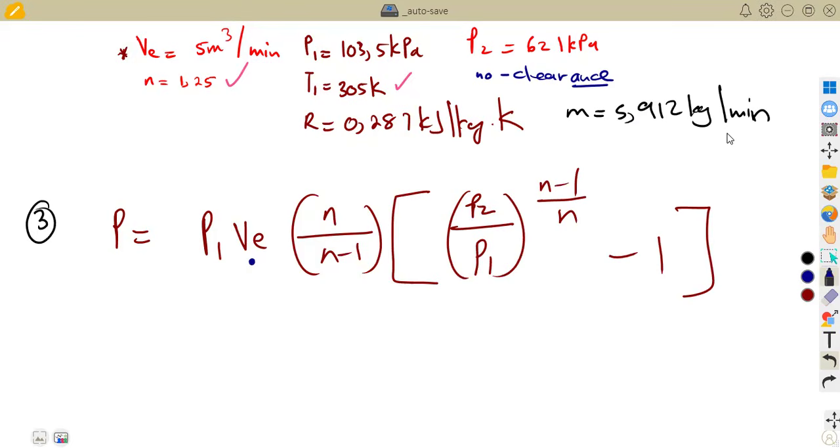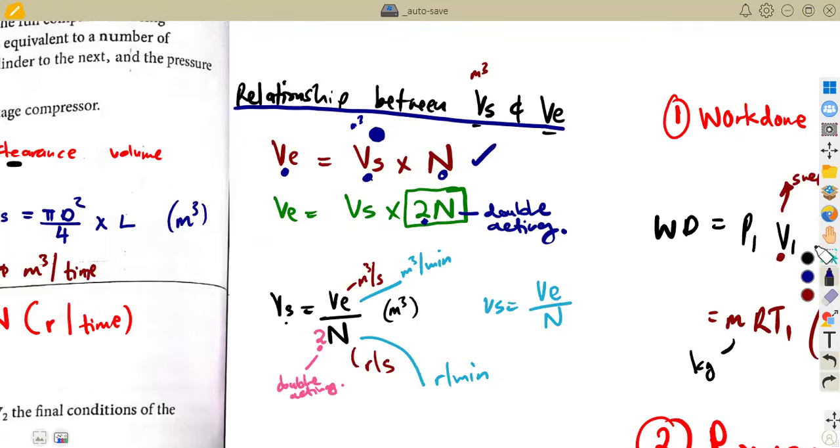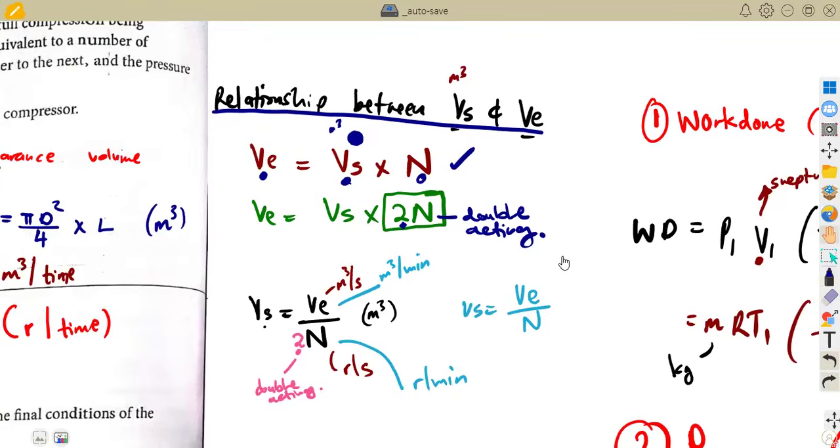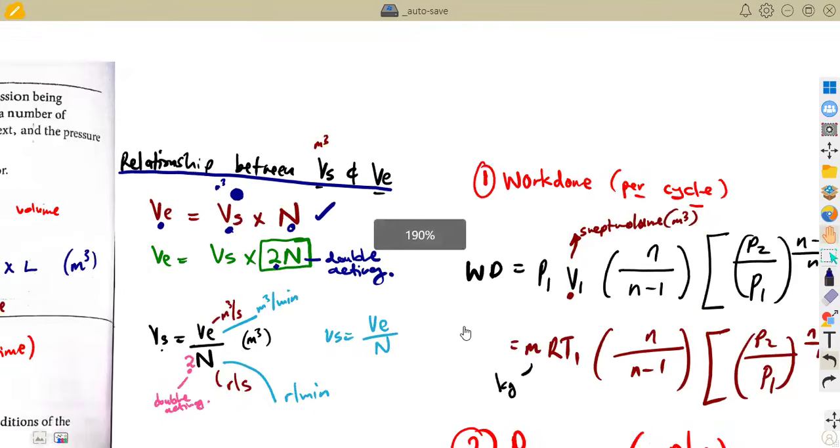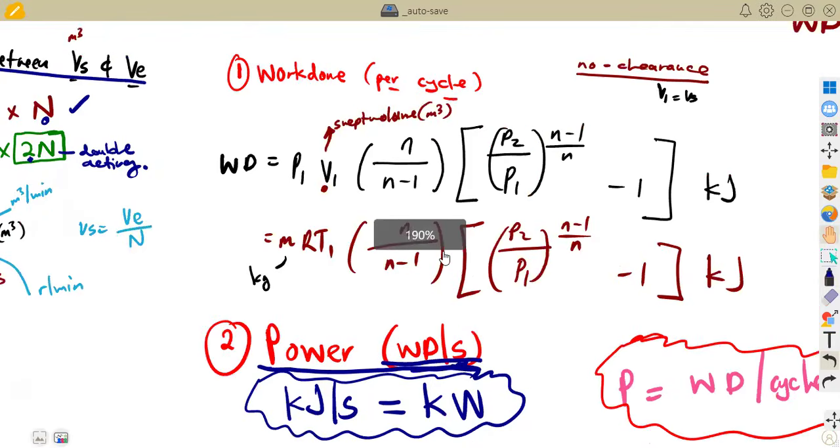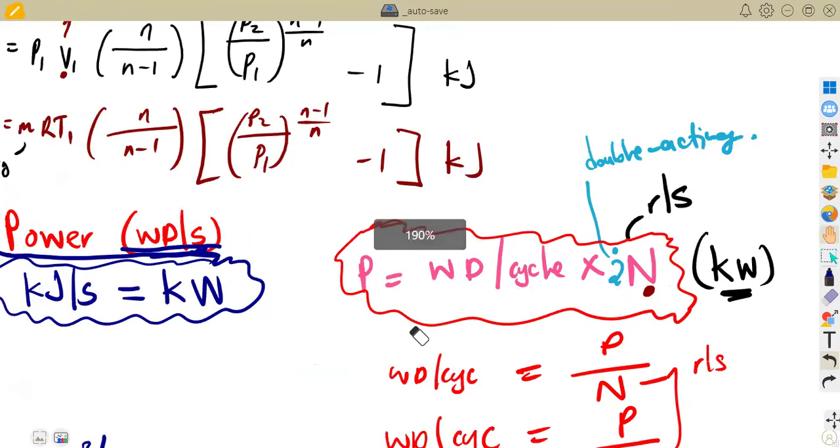But remember, if there's also a mass per unit time, we can use it. Remember, I talked about the mass per unit time on this formula. We said we can have the same power from this one.